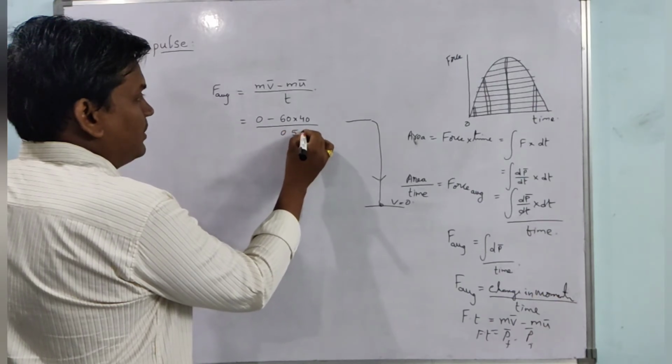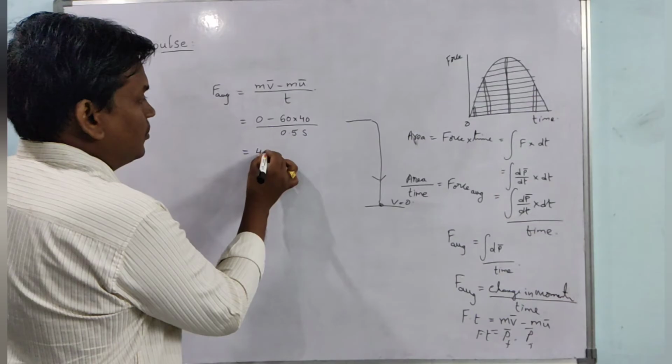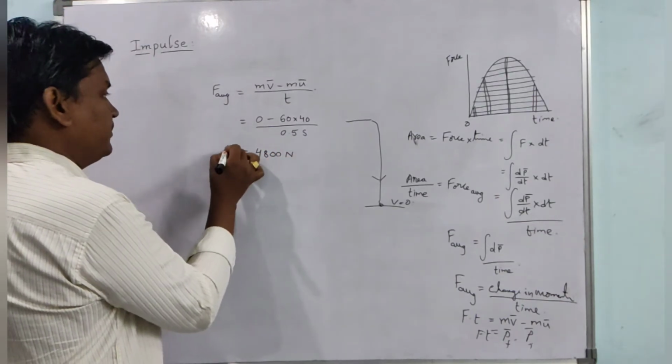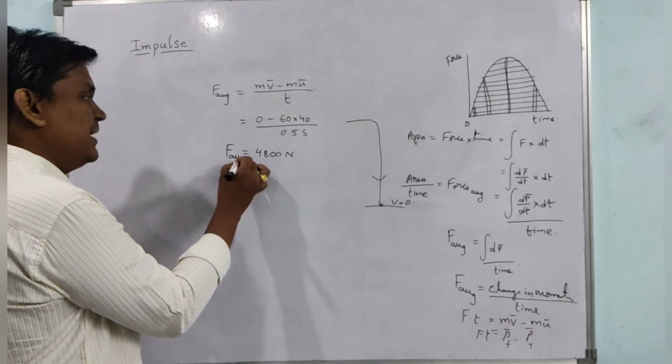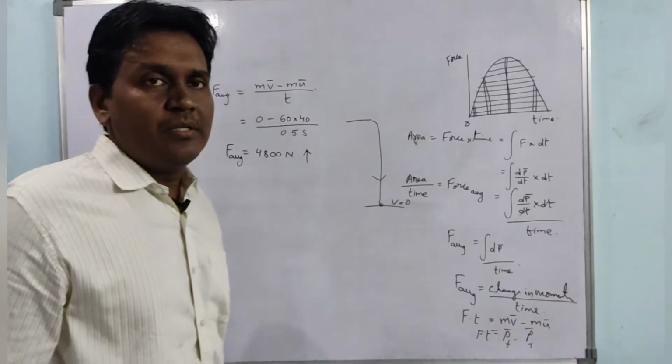So we will get 4800 Newton. This is the average force, a large force acting on the person who is jumping from a certain height.